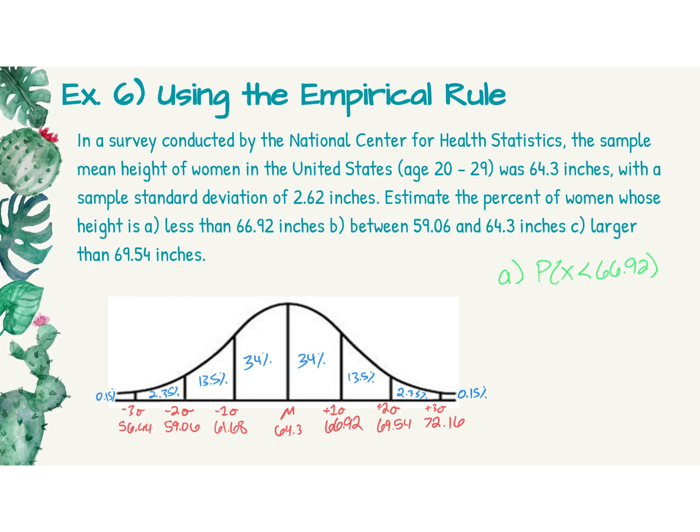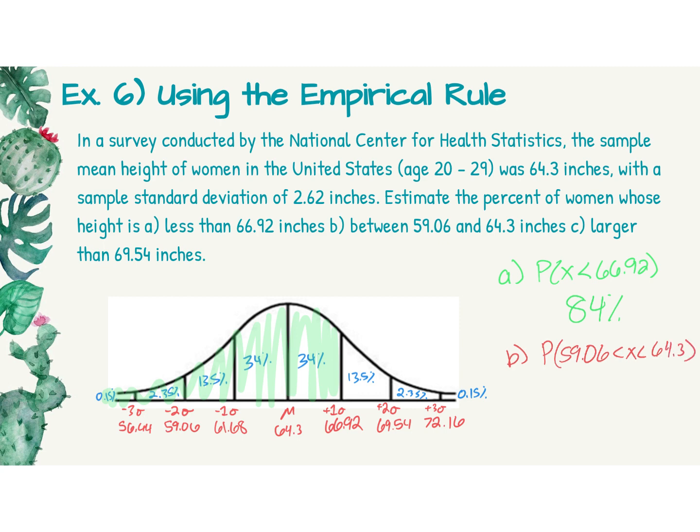So we want to look at everything that is less than 66.92, that's right here. So we would add together all of these percentages. And if we add all those up, we should get 84%. Our next one, B, wants us to find between 59.06 and 64.3.